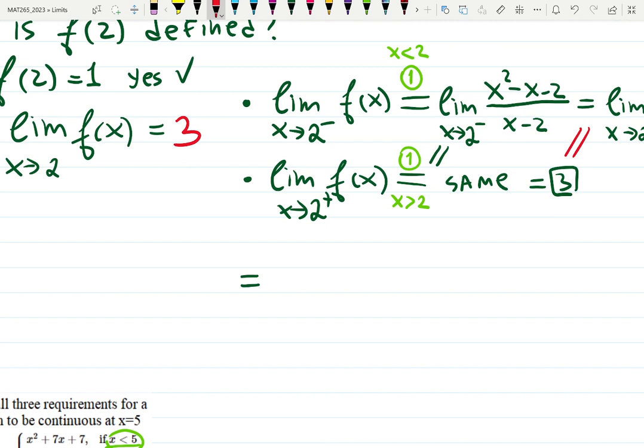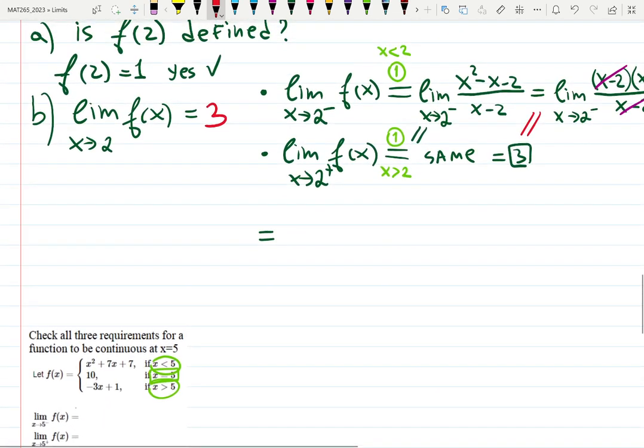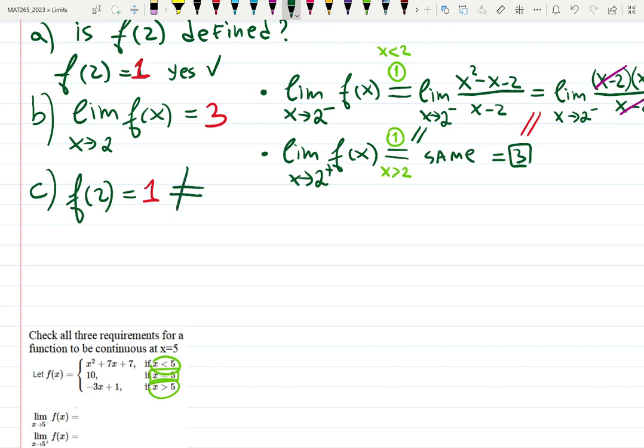Now we just need to hope it's the same number as before. Is it? It's not. And that's how we know the answer. This function is discontinuous at 2. So f at 2, we found, let me put it in red, was 1. And that does not equal the limit as x approaches 2, because this is 3.